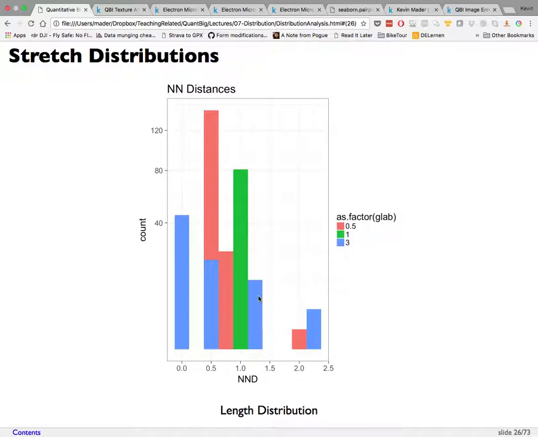And so this gives you a way of interpreting, okay, if you have a very, very broad nearest neighbor distance distribution, then your sample is very heterogeneous. And that means that things are spread out a lot. And so now you could have a base idea for what might be going on in your system and what tools you could use to quantify that well.